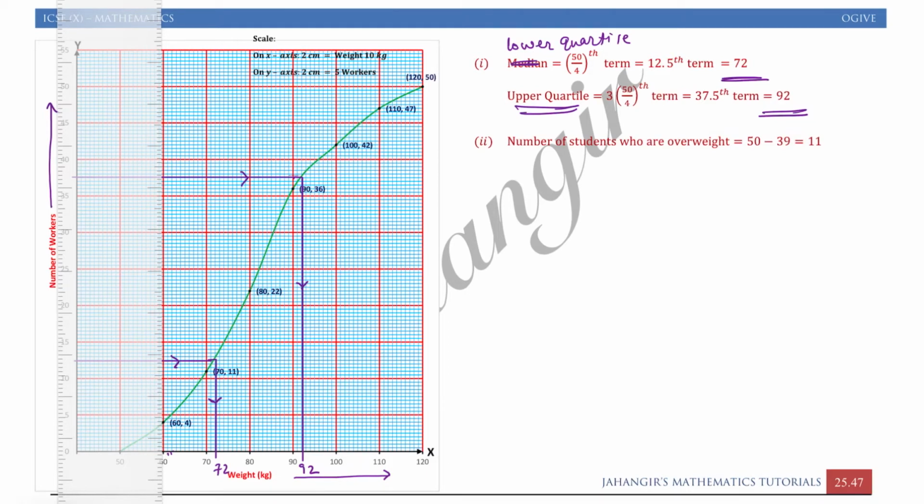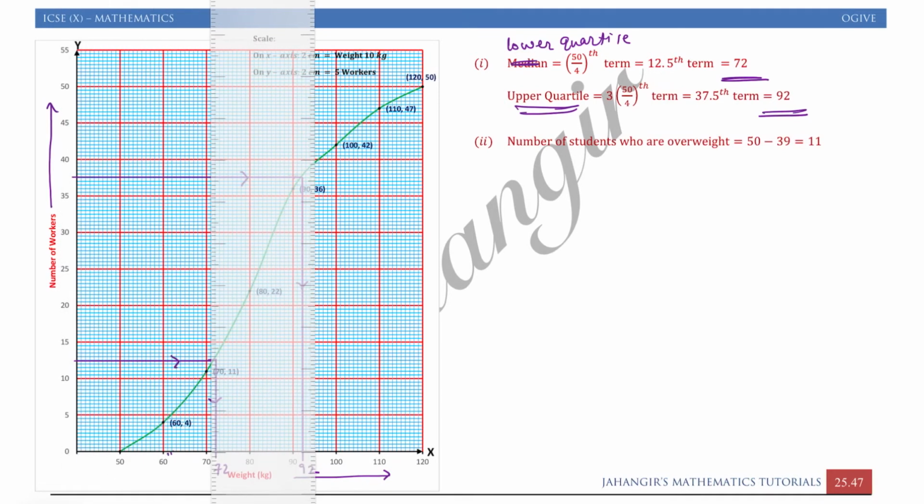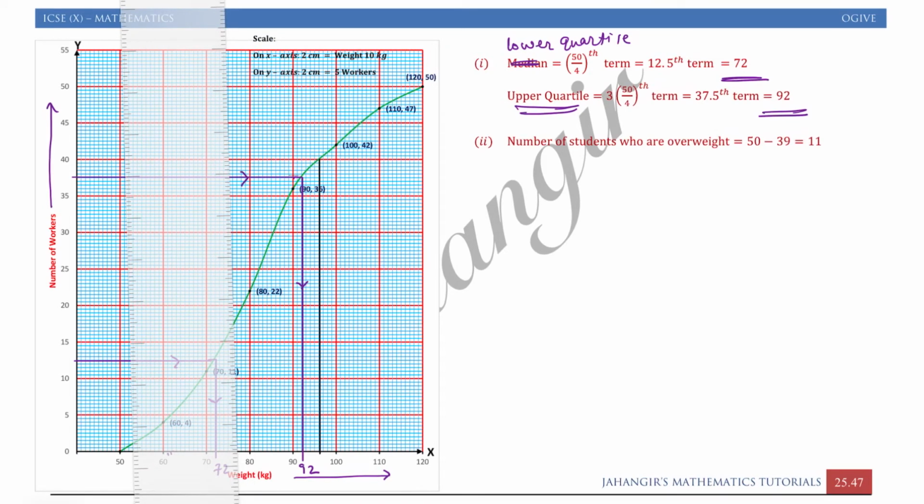Now we have to find the number of students who are considered overweight if 95 kg or above. So we will find how many students are overweight. So 95, we will first draw a vertical line. No, it's not correct.